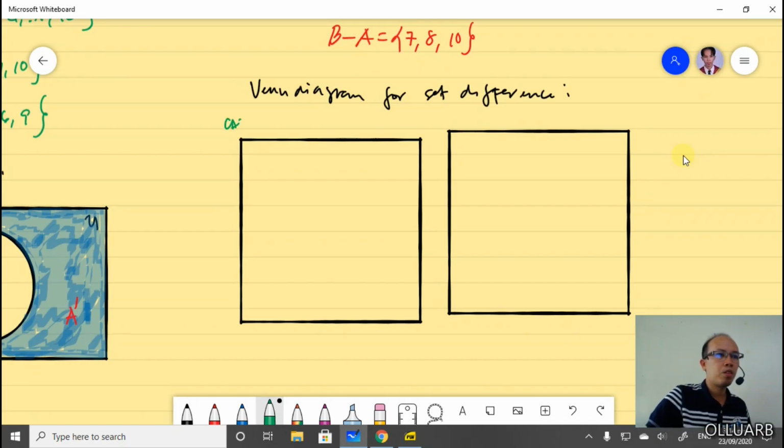So we have the first case, and then we have the second case.